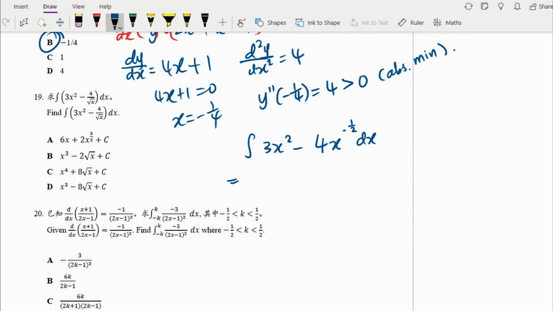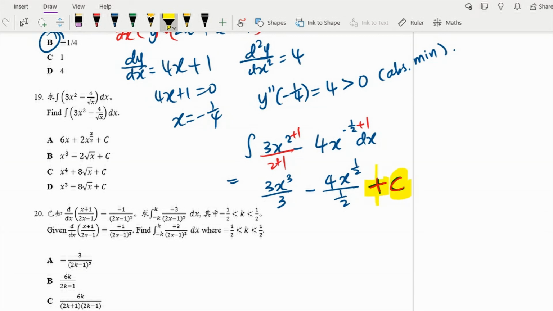Integration means power plus 1, then divided by the new power. 2 plus 1, so this one should be 3x cubed over 3. Then minus, 4 just right here, 4x, power plus 1. Power plus 1 means it is power half, then divide by the new power. Plus c.